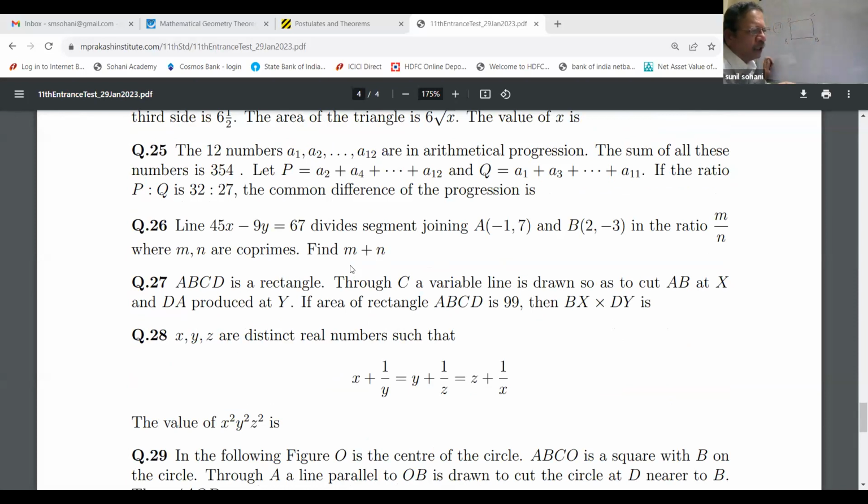Through C, a variable line is drawn so as to cut AB at X and DA produced at Y. The area of the rectangle is 99. Then what is the value of BX multiplied by DY?